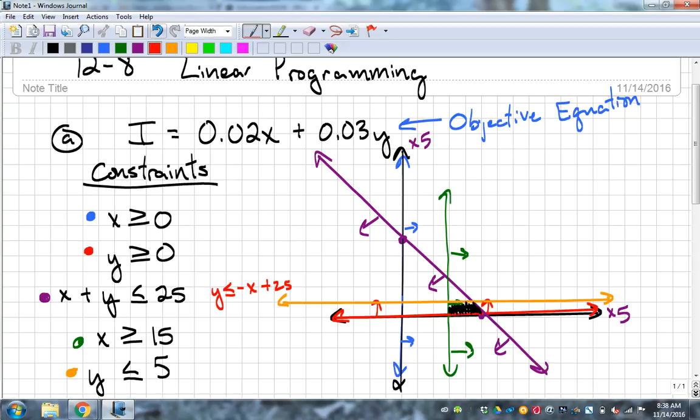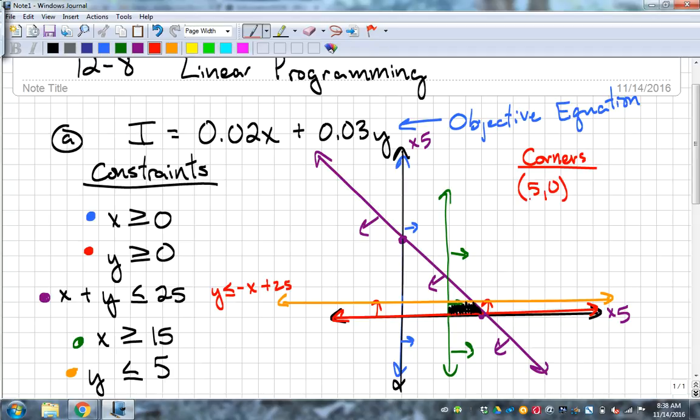Some of them are easy to find without using a system of equations. Some you might need to use a system of equations for. If I look at this corner here, that's the point 15, 0. So that's a corner.